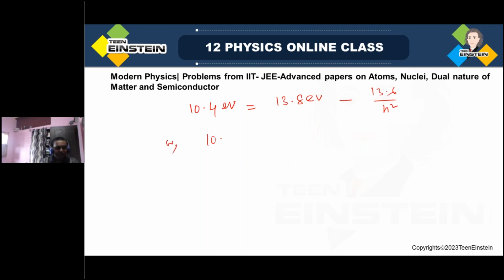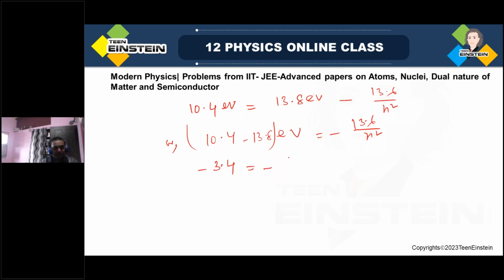So let us do this simplification. This side will be minus 3.4.